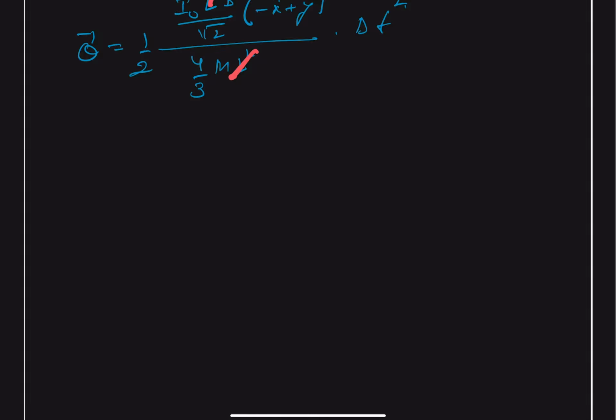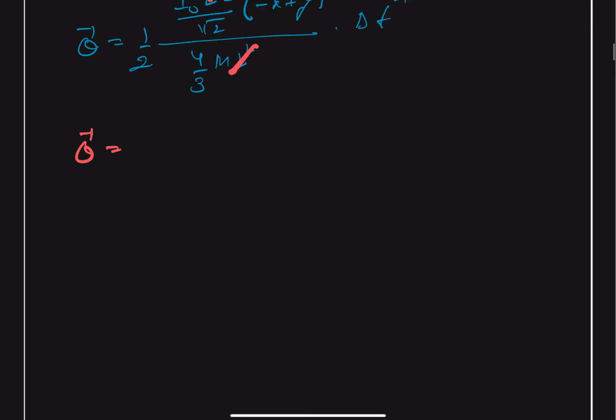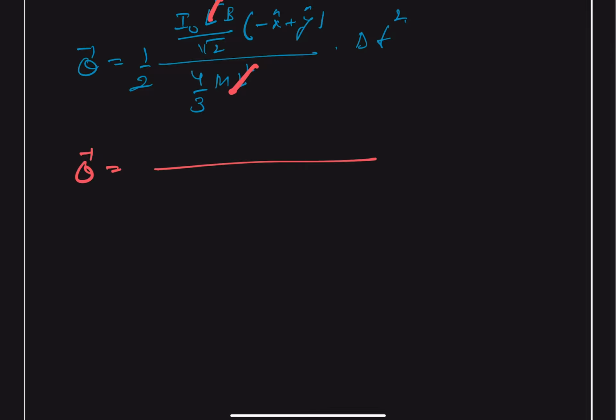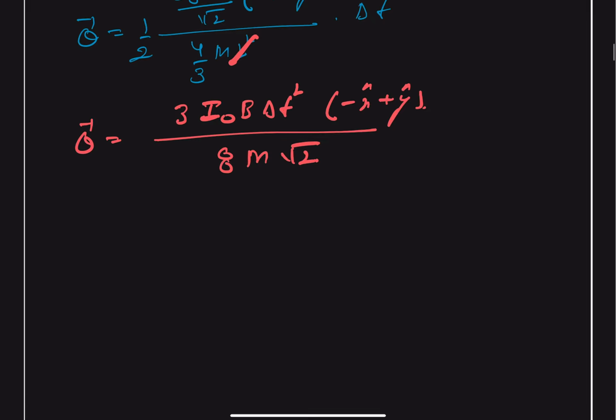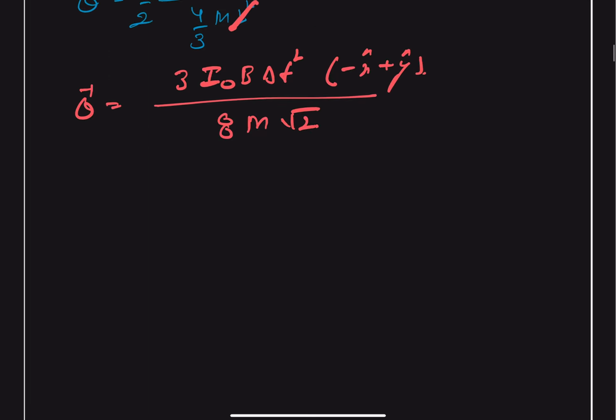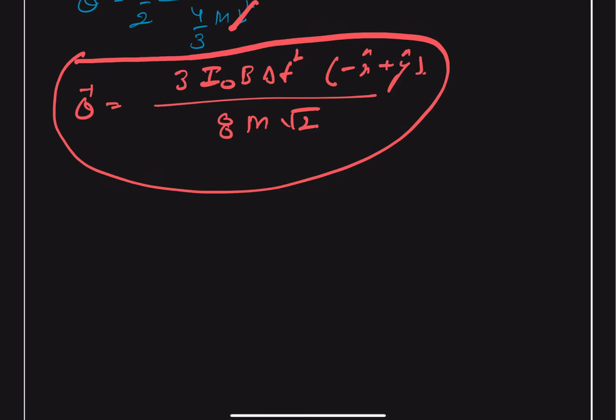So theta comes as, in the denominator 8 m root 2, and numerator 3 I naught B delta t square times minus x unit vector plus y unit vector. And this is our angle rotated.